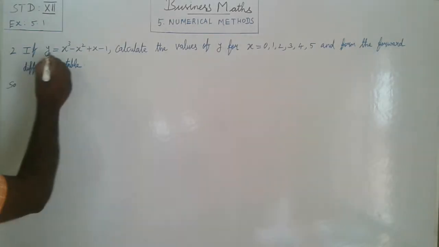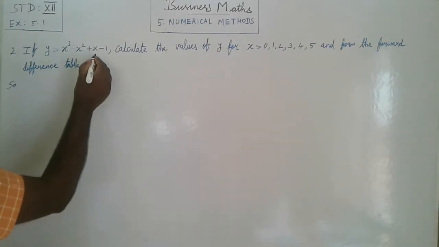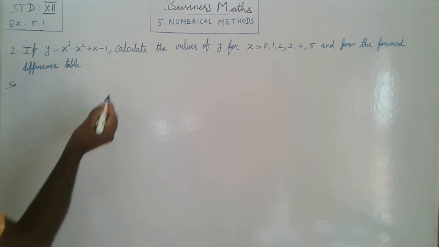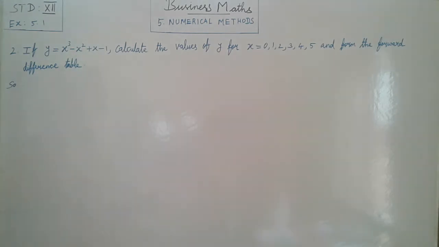Second sum: if y equal to x cube minus x square plus x minus 1, calculate the values of y for x equal to 0, 1, 2, 3, 4, 5 and form the forward difference table.